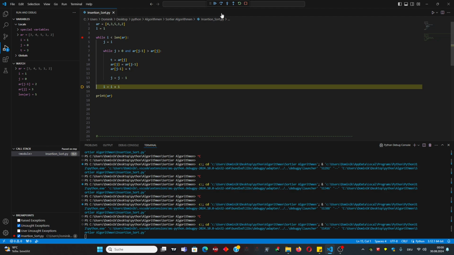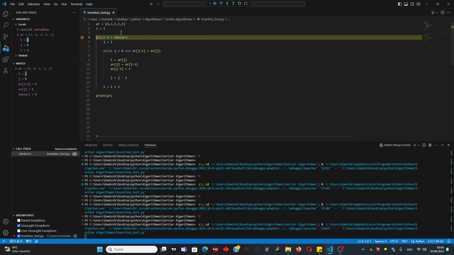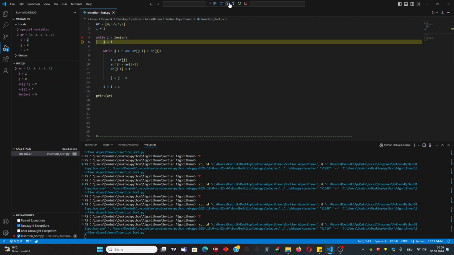I gets increased by 1, and then we are back here, and we check again if I is holding a lower value than the length of the array, and yes, that is true. 5 is higher than 2. So we keep executing.